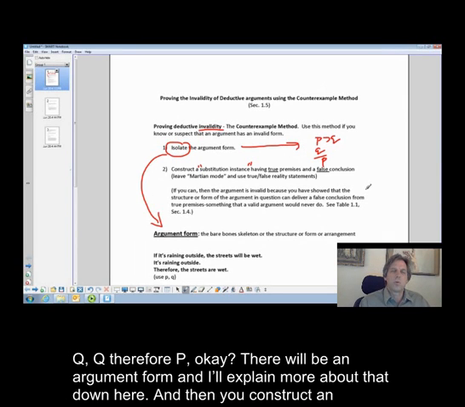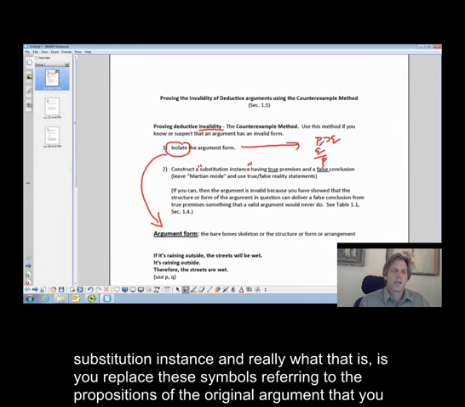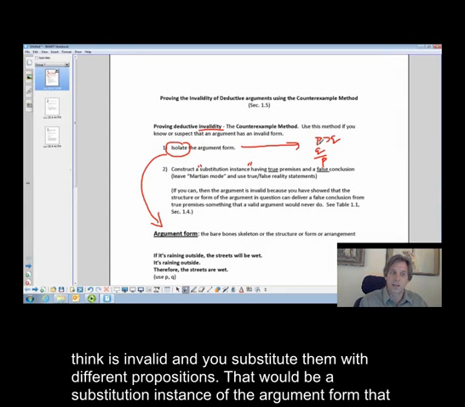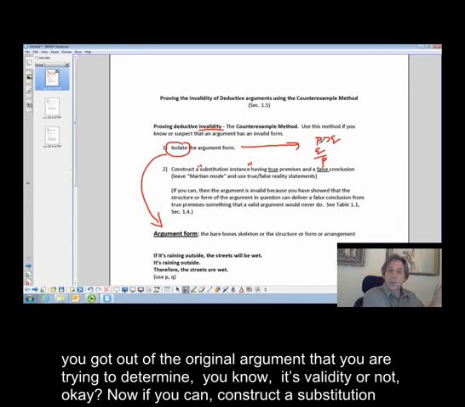Then you construct a substitution instance, and really what that is, you replace these symbols referring to the propositions of the original argument that you think is invalid, and you substitute them with different propositions. That would be a substitution instance of the argument form that you got out of the original argument that you're trying to determine the validity of or not.